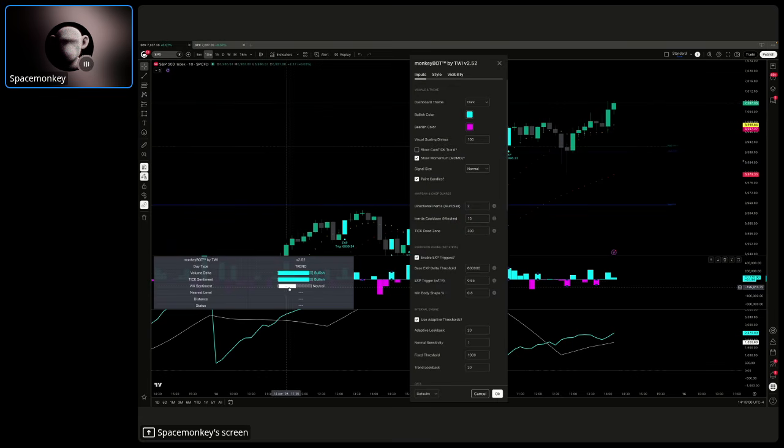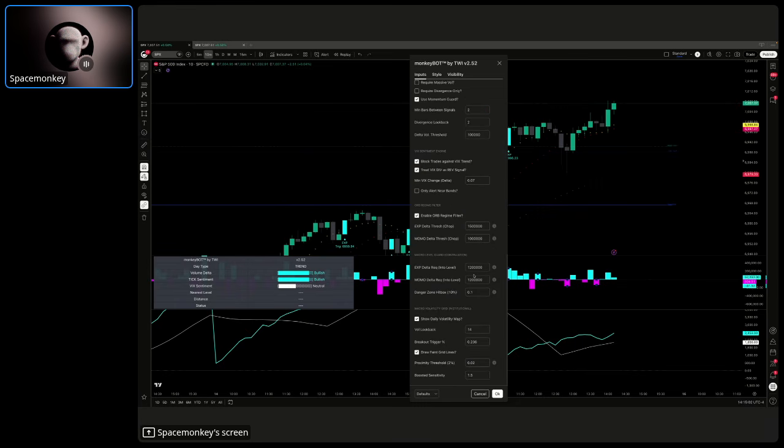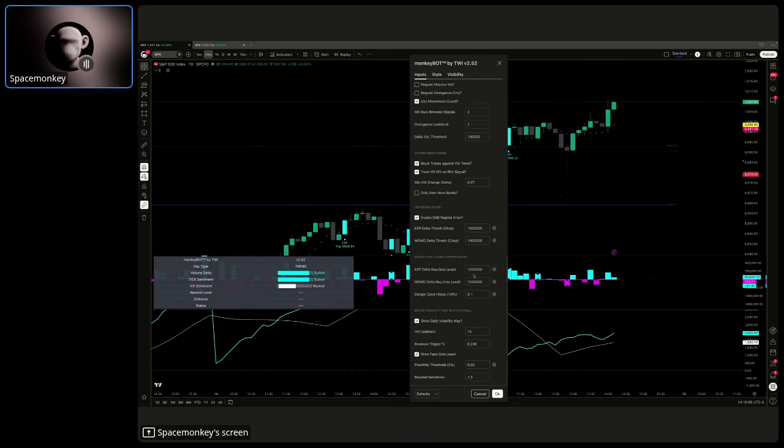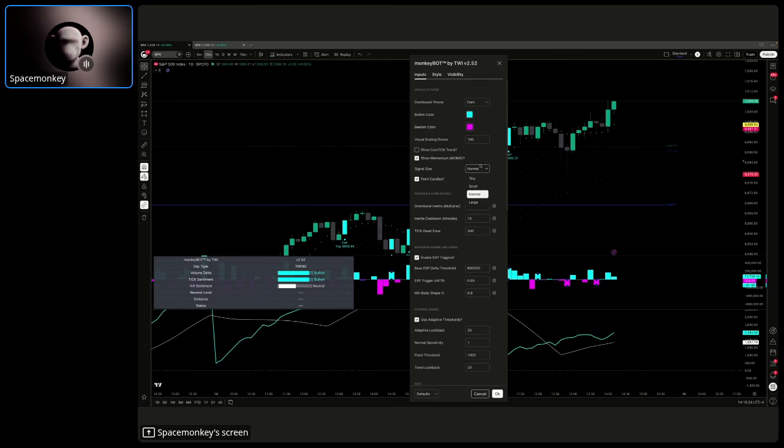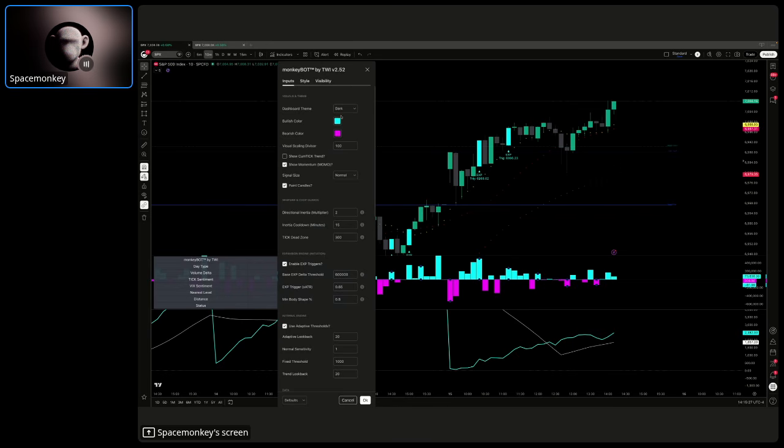If you double click this panel, the dashboard, you have all these settings, and I would advise to refrain from changing anything. These settings have been tested thoroughly over the last, I don't know, 6 months almost. And I would say most of these are not touchable unless you're changing the color. Do you want the light theme or the dark theme, depending on the background of the charts?